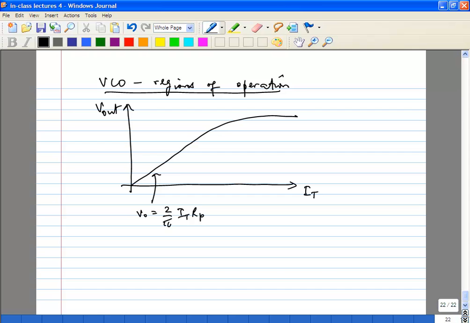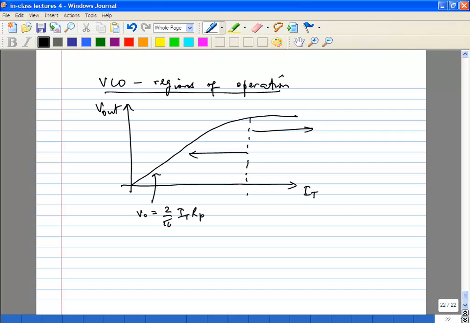In this region, it's 2 over pi times IT times RP, but eventually you are going to be limited by either the supply rail or the VDSAT of the lower transistor. One of those two things you will be limited by. So you have two regions of operation.